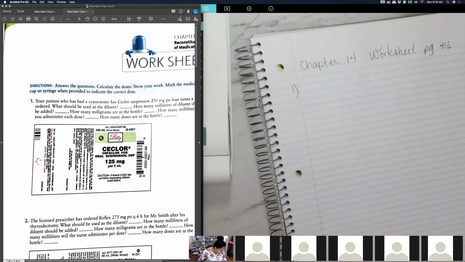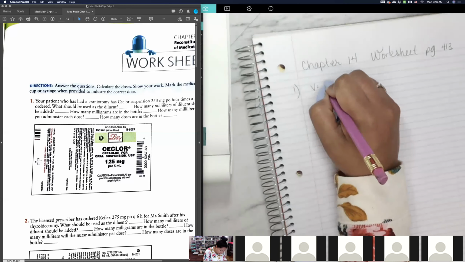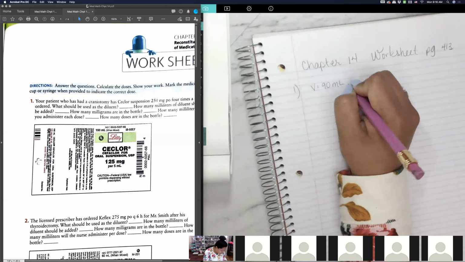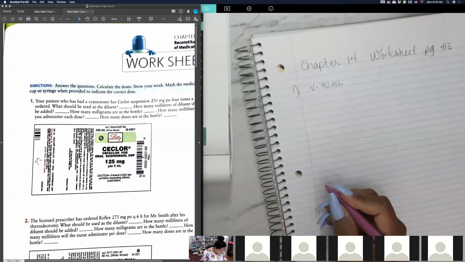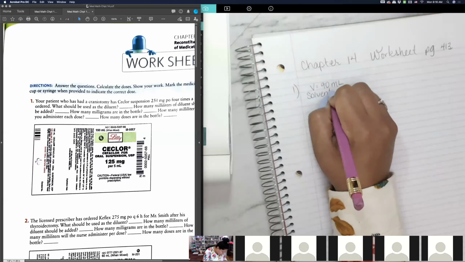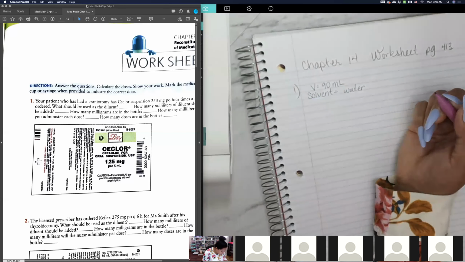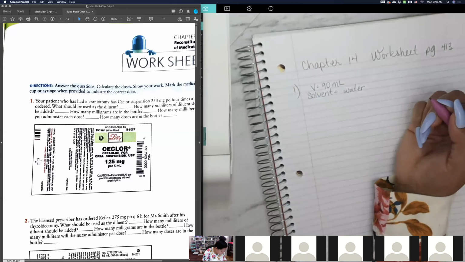They tell us to add 90 milliliters. So our volume is 90 milliliters of water. Our solvent is water, in 2 portions to the dry mixture in each bottle.